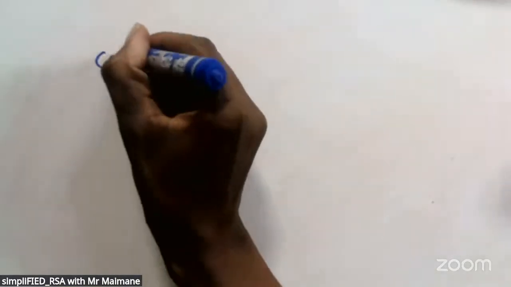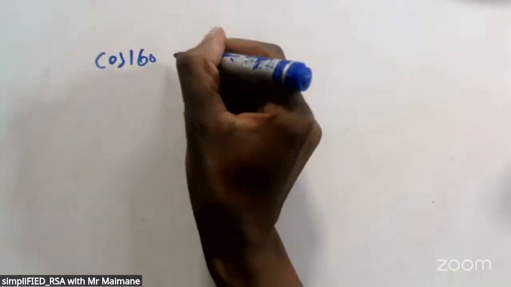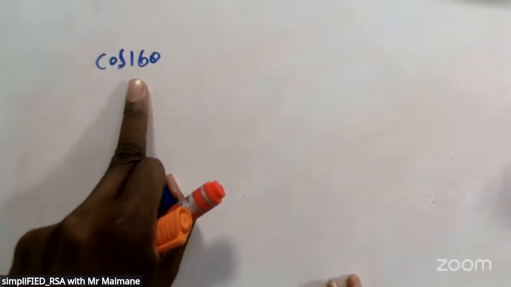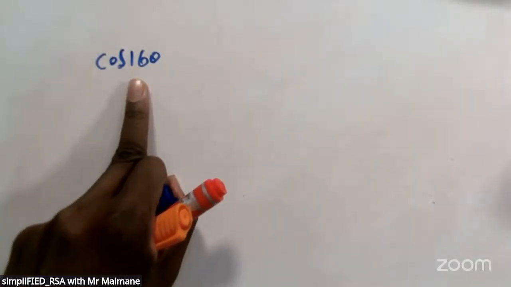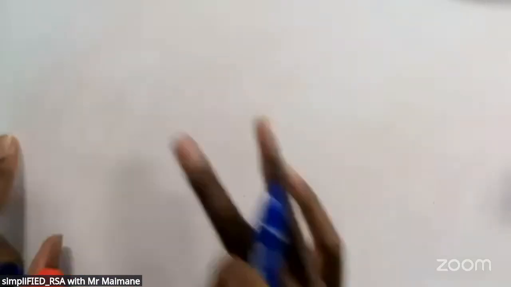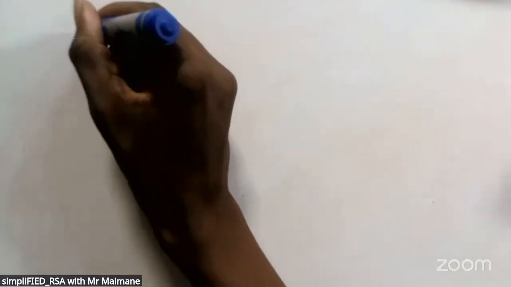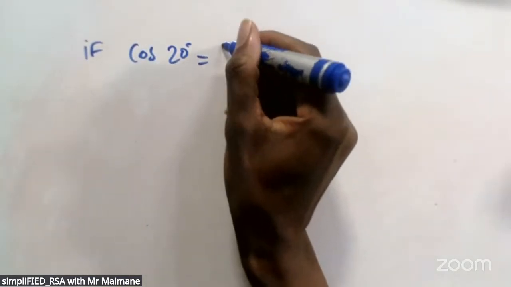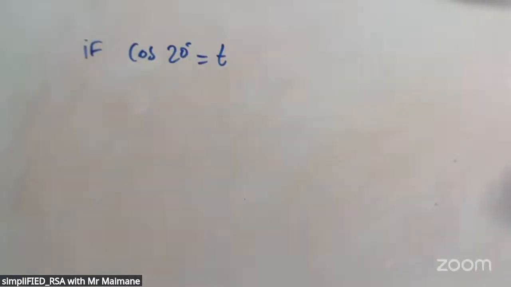Say they gave us cos 160 degrees. You must write it in the form of an angle that makes sense. They were saying if cos 20 degrees is equal to t, write the following in terms of t.